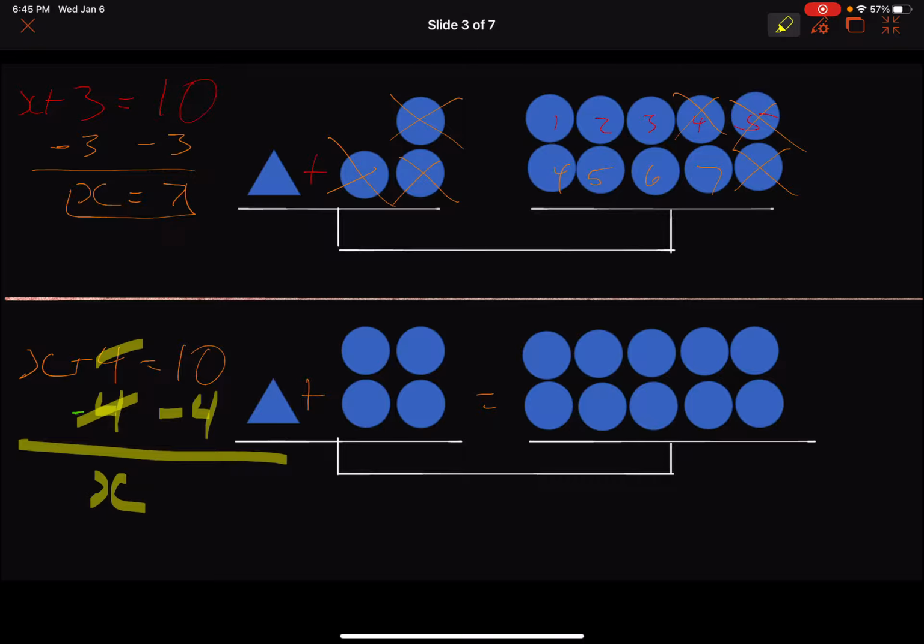So then I have the x, and that's going to be equal to 6. And if I wanted to show it, I would get rid of 4 of those and 4 of these, and it's left with 6. So I know that x is equal to 6.